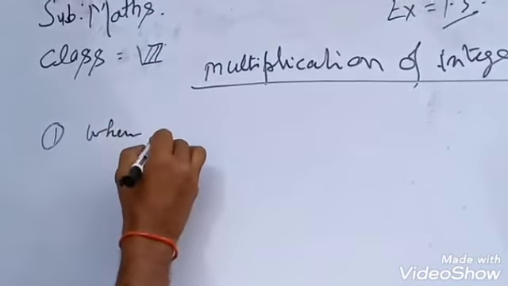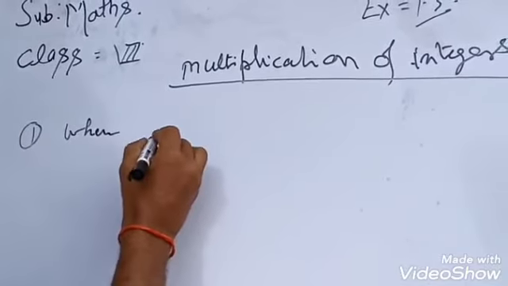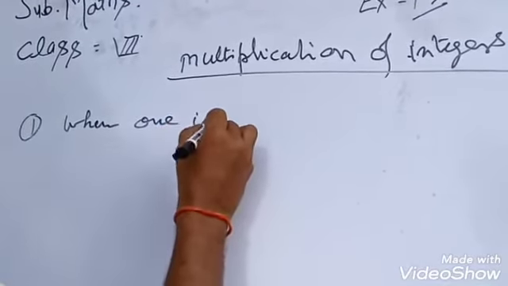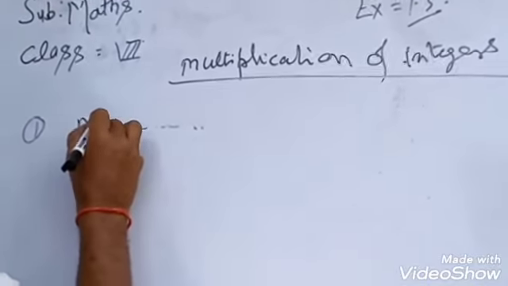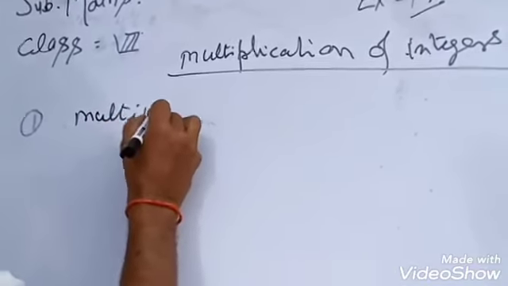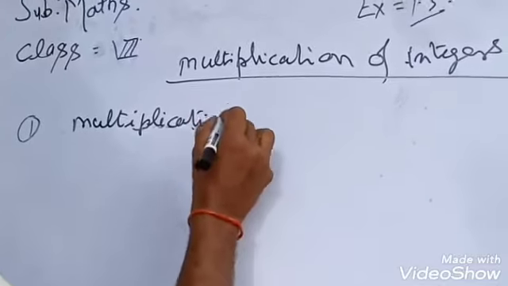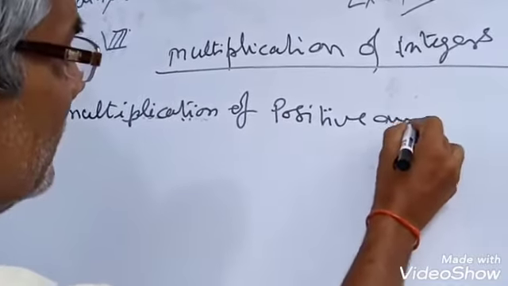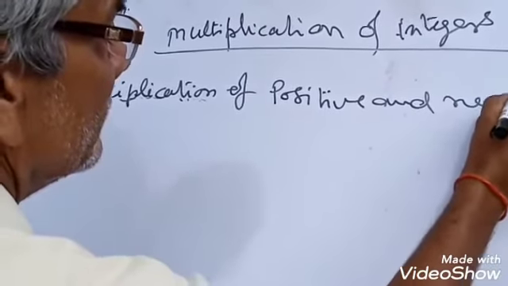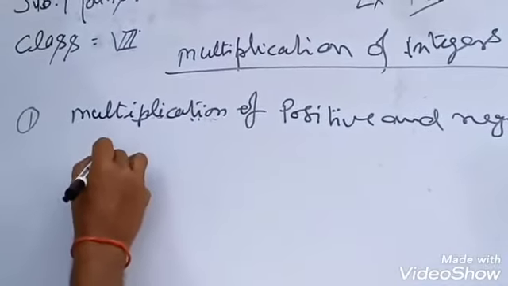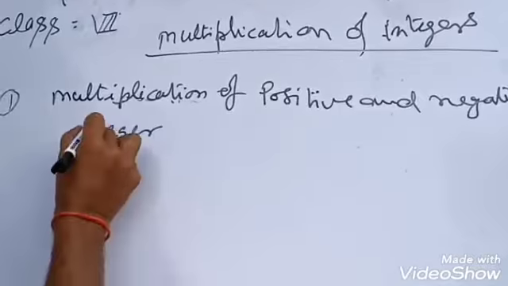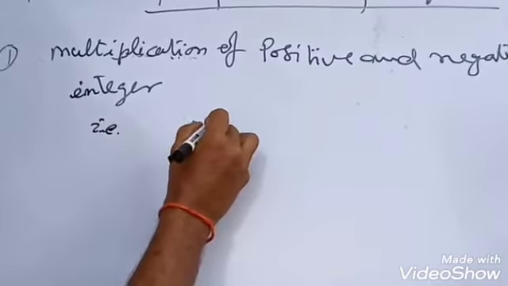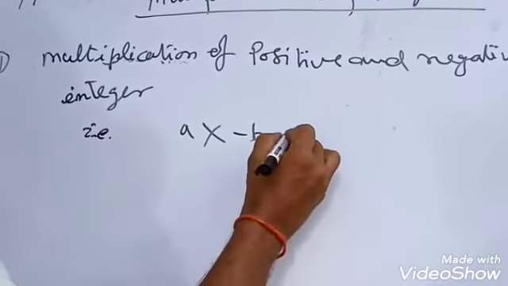First, when one integer, multiplication of positive and negative integer, that is a into minus b.